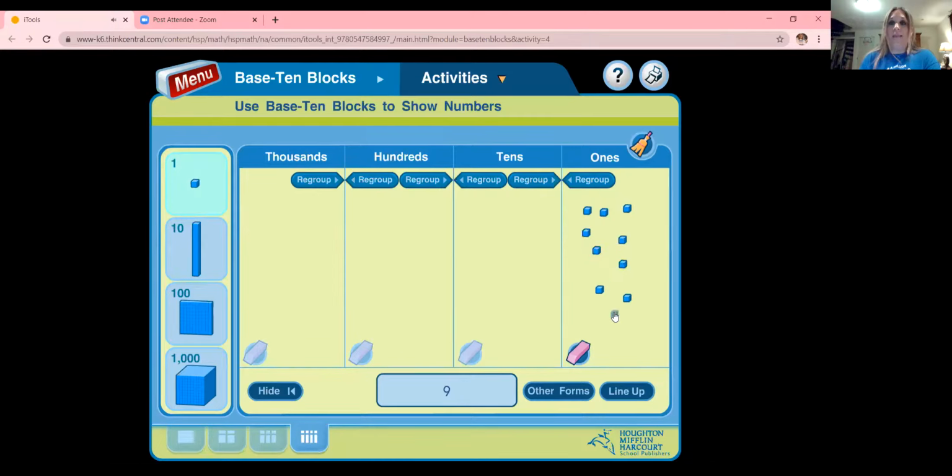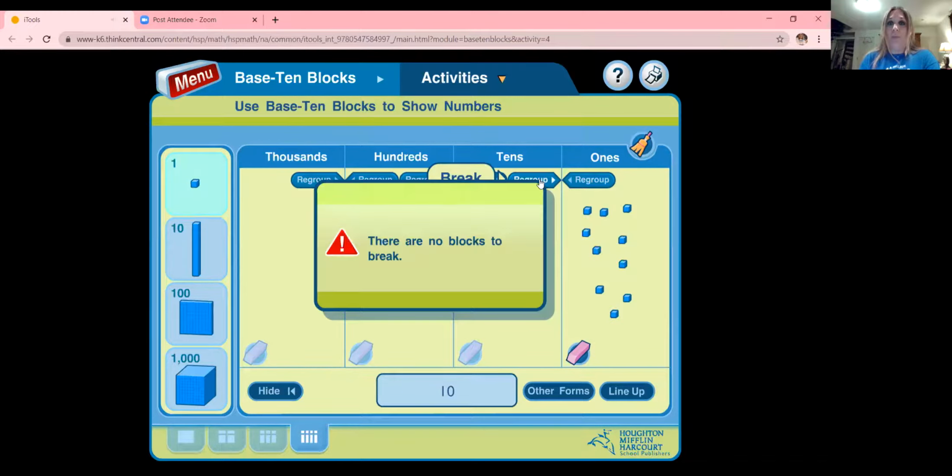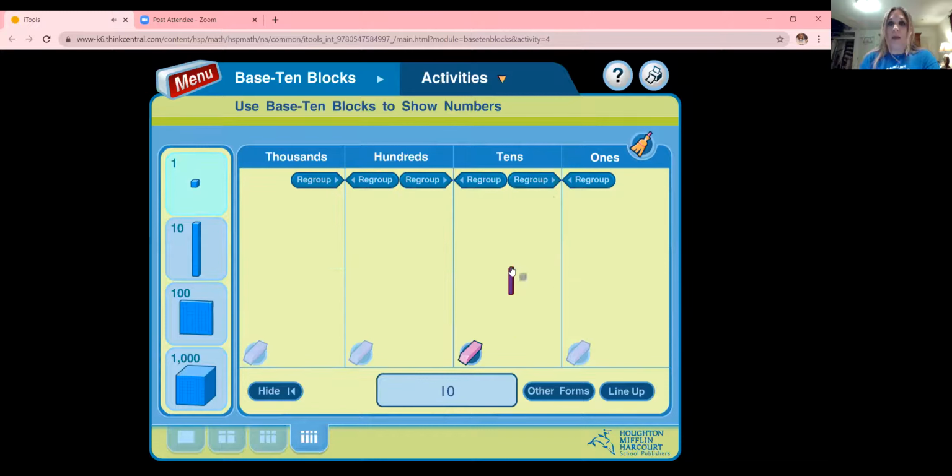Eight, 9, 10. I have 10 ones, and when I press regroup, come on, guy, move out of the way. It gives me 10. Okay, now I'm going to multiply times 10. That was 1, 2, 3, 4, 5, 6, 7, 8, 9, 10.